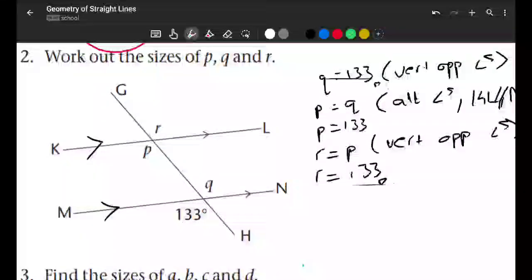Look here, 133 degrees, right? And P. Before I give you the answer, can you guess how come these two are the same, right? Look here. Is that not an F, right?